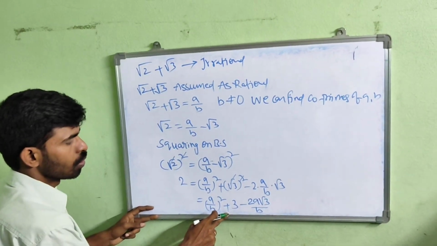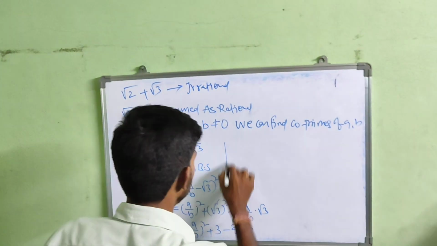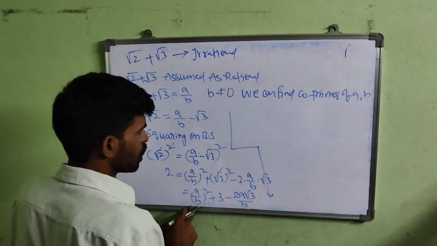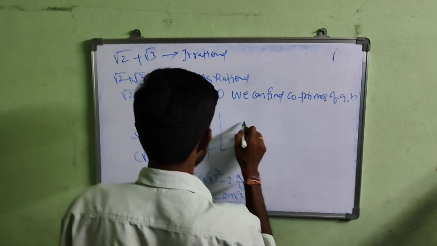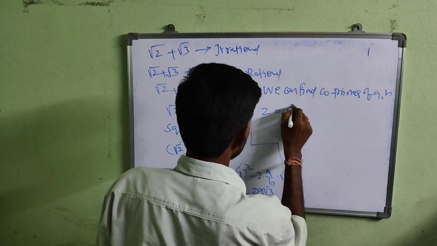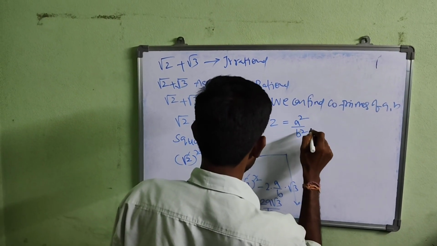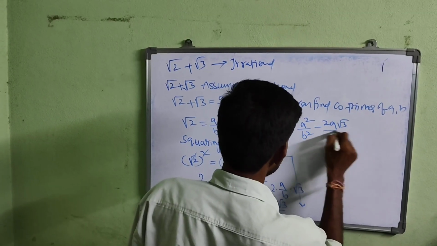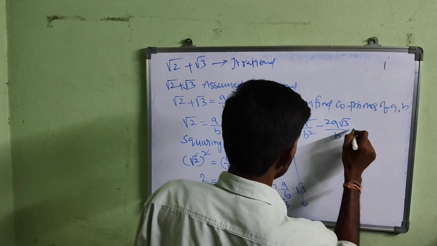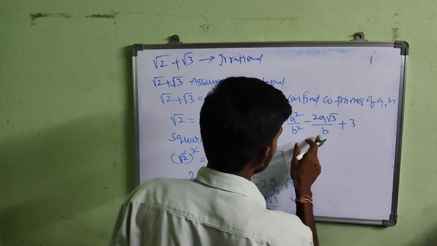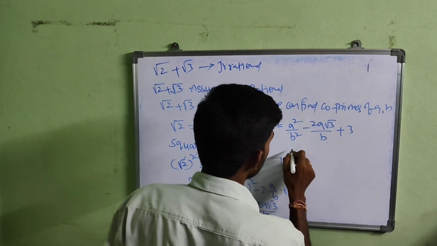So 2 equals a square by b square minus 2a root 3 by b plus 3.